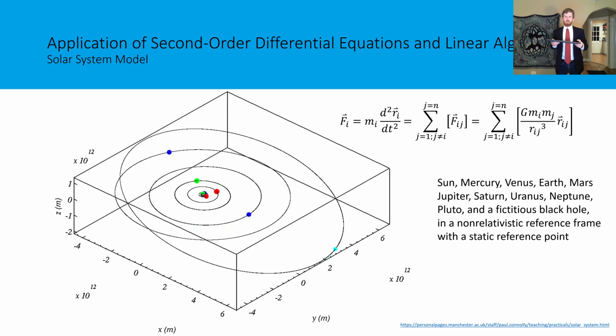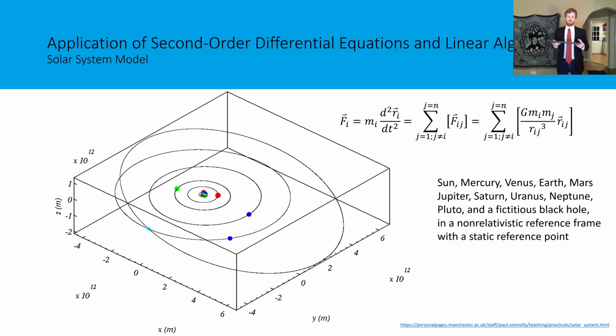And then we have the mass of Neptune, we have the mass of the other body j, all over the distance between Neptune and that other body, cubed. And since we're trying to find a vector force between Neptune and another body, we multiply that quantity on the right by the vector difference in position between Neptune and that other body.